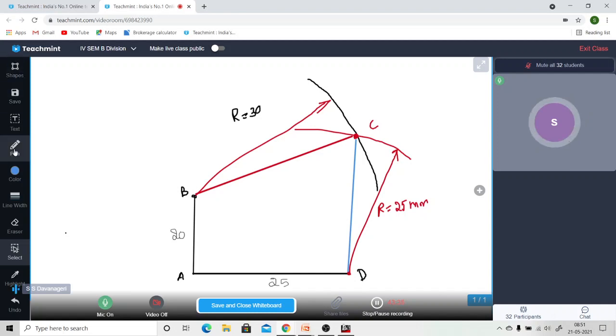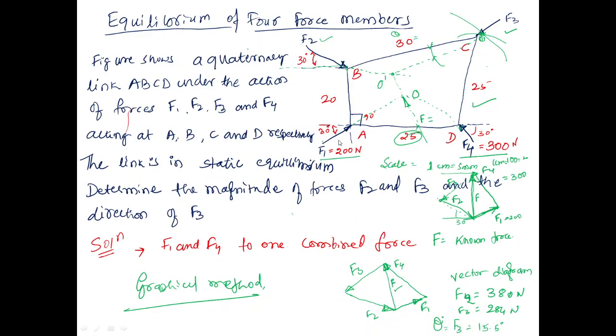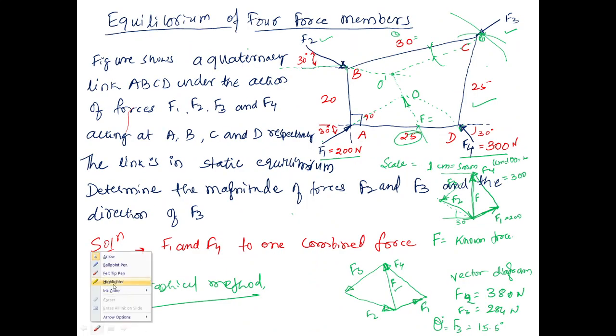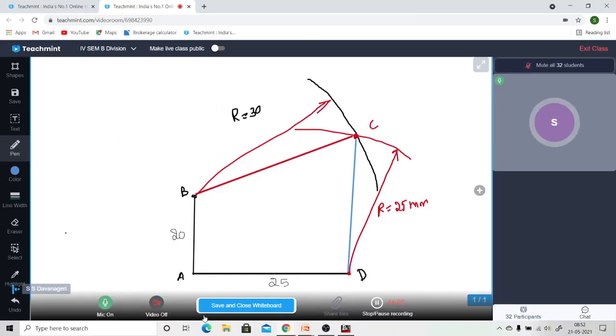Next, to draw the forces. Now what is F1 here? Oh, sorry. F1 makes an inclination of 30 degrees to the horizontal line, and the amount is 200 Newton. Let us draw the direction first.